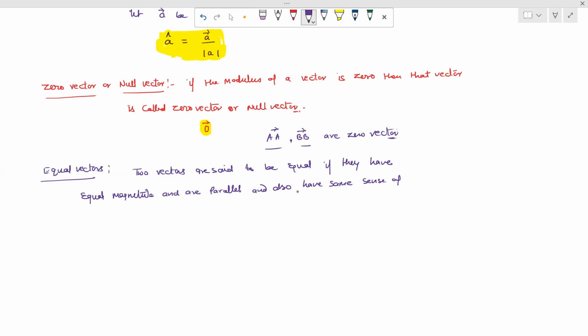Then the vectors are said to be equal vectors.